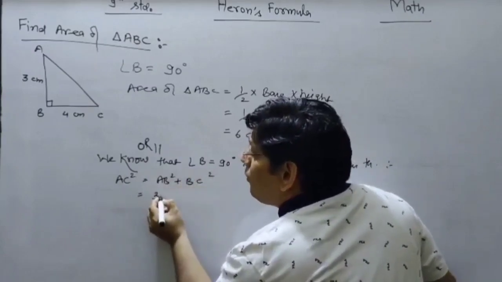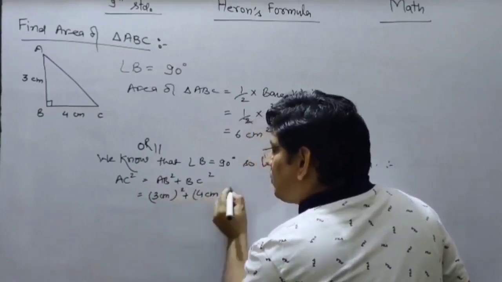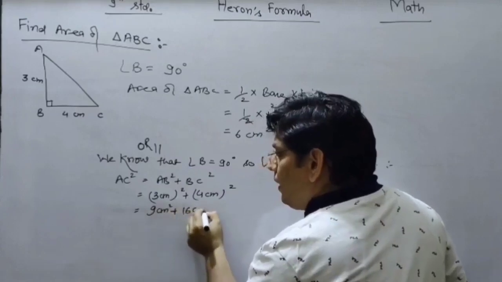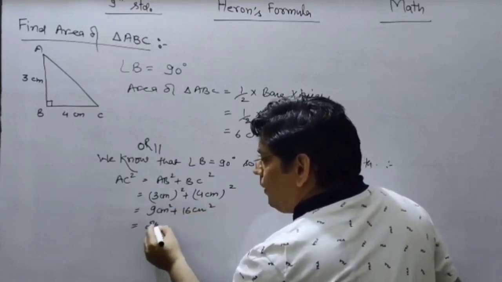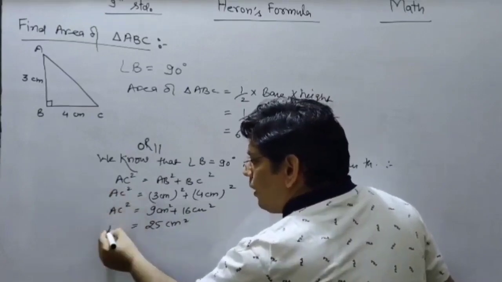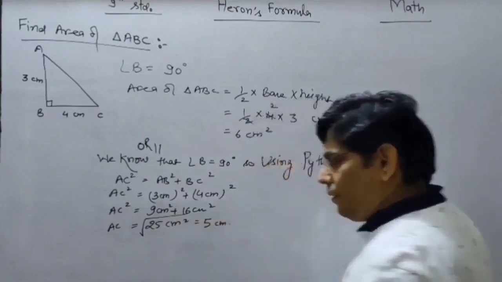In that situation it will be 3 centimeter square plus 4 centimeter square, 9 centimeter square plus 16 centimeter square, that will be 25 centimeter square. So now we should calculate AC, that will be 5 centimeter.